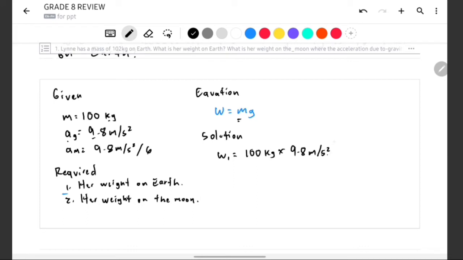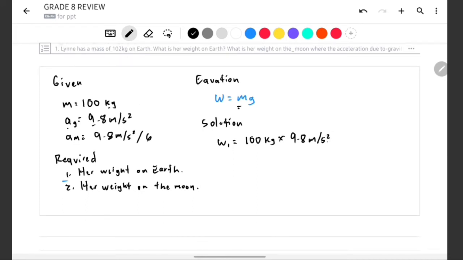Don't forget yung squared sa taas. So, i-multiply mo lang yan. Ano yung magiging answer? Is equal to 980 kilogram meters per second squared. But, sinasabi natin, force din lang yan, pwedeng maging simplify ito. Magiging W1 is equal to 980 newtons. So, yan na yung final na answer natin for the first.